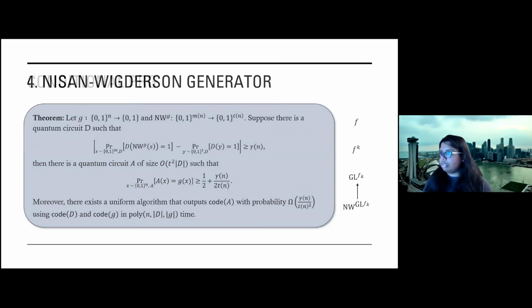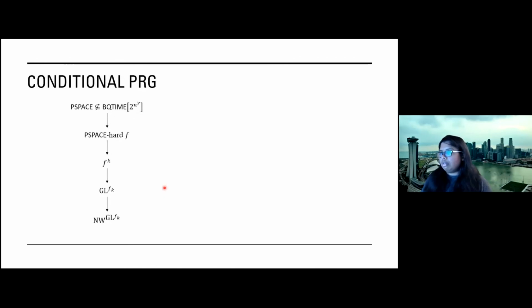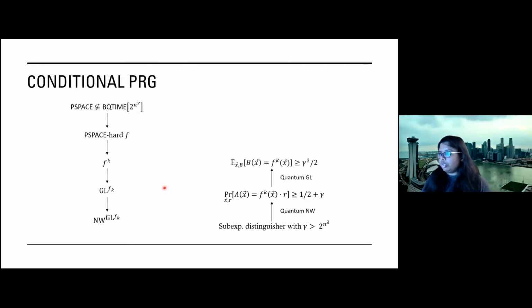I'm rushing a bit here, but the way we go back to reconstructing these things is to start with the assumption that I have a sub-exponential time distinguisher, and put all of these theorems together to get a circuit that on average can compute the f of x function with error 1 over poly of n.